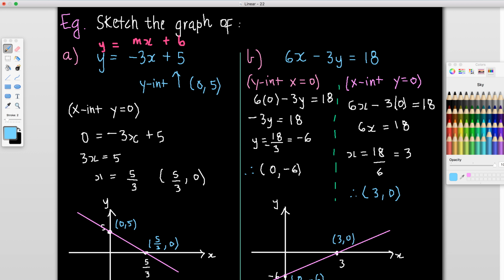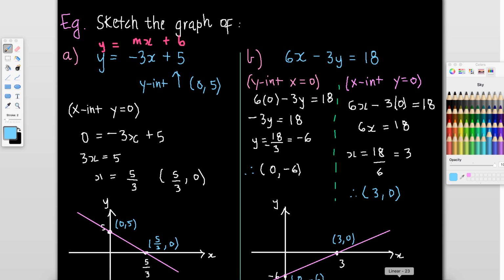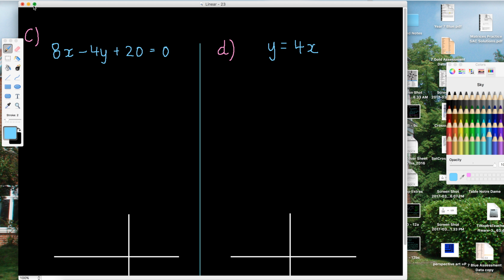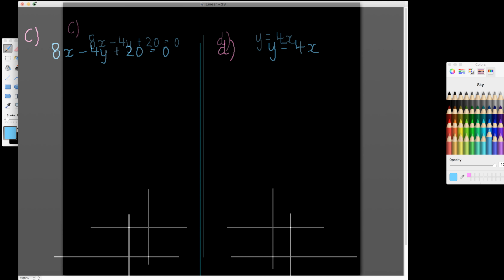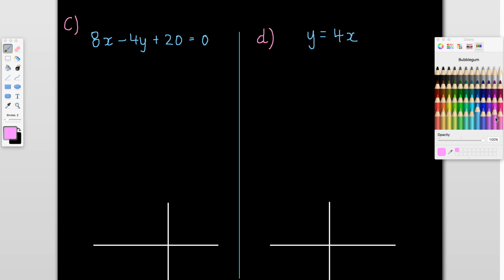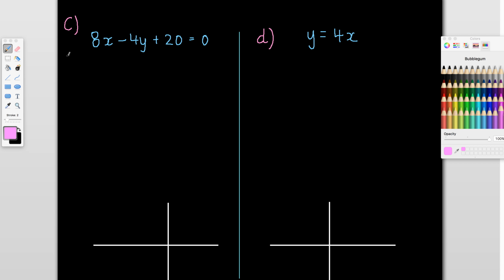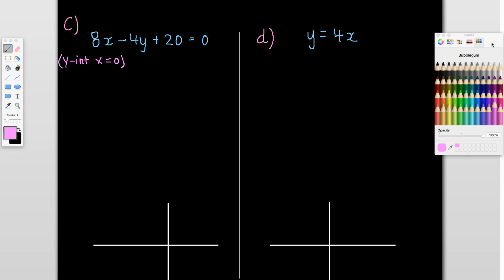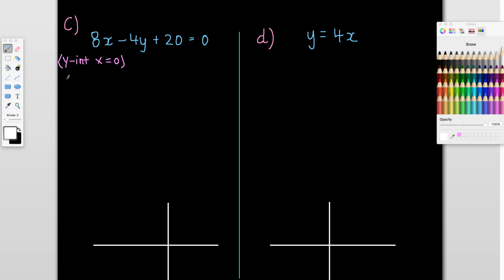Do a couple more, so just moving to my next slide. So here we have an equation in general form on the left-hand side there, but no need to worry because we do exactly the same thing. First of all, let's get our y-intercept by equating x to 0, so substituting x is 0 into the rule. So 8 by 0 is 0.